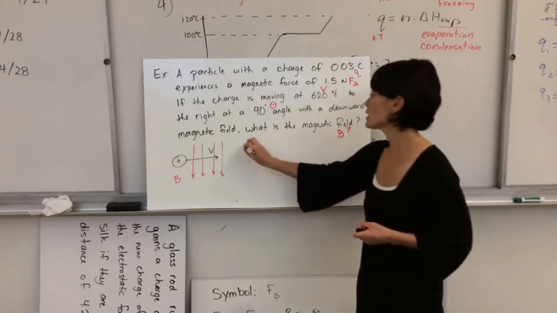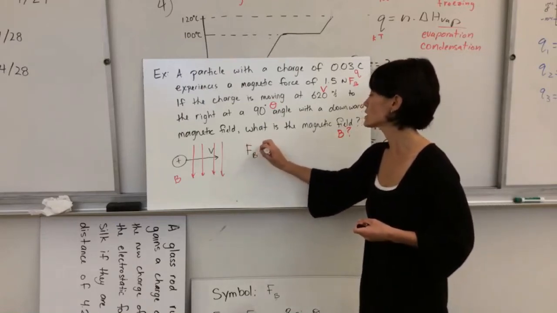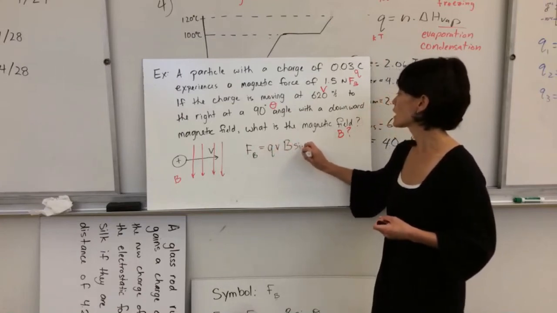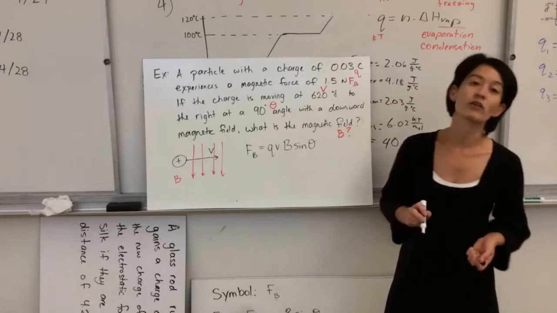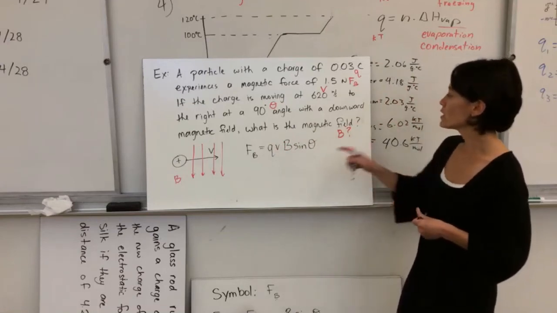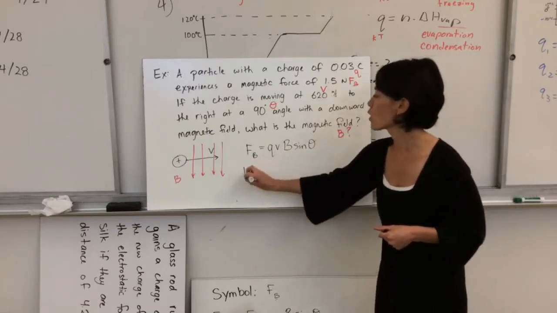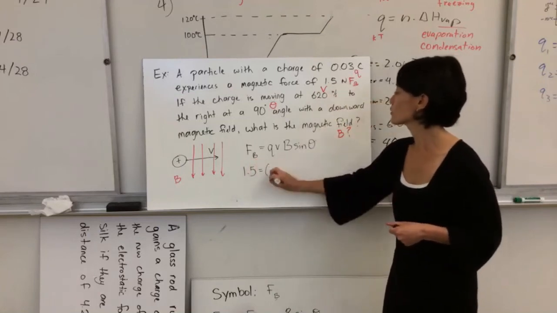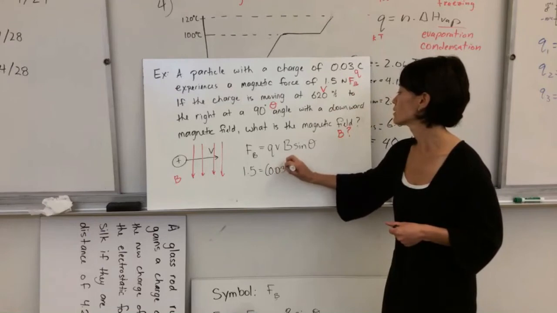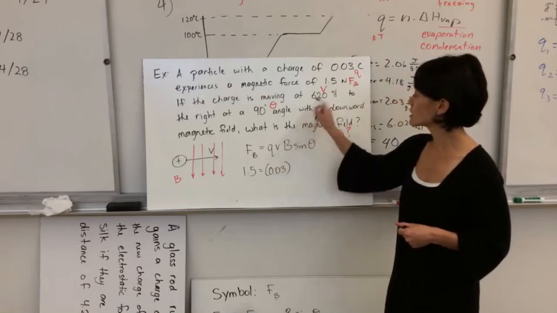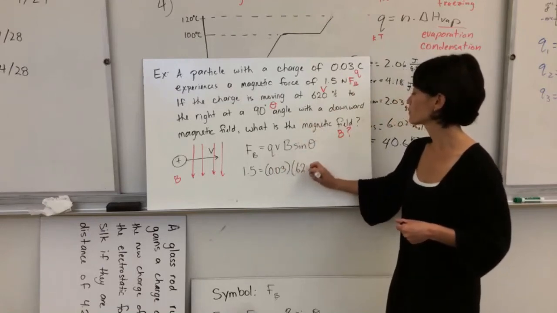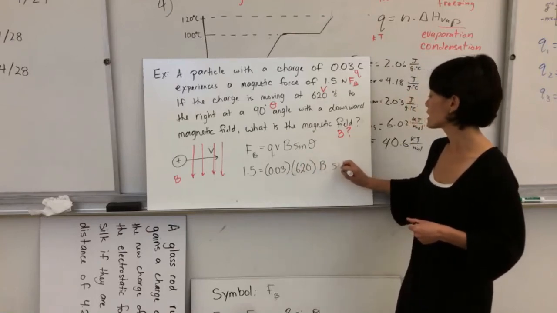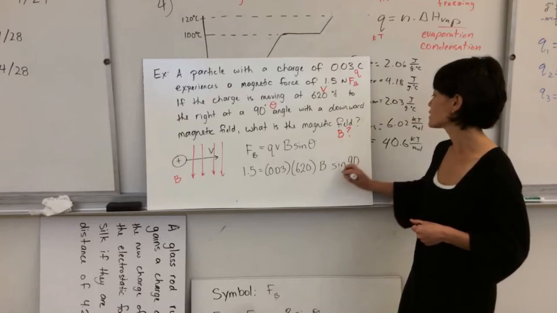My equation for magnetic force is FB equals QVB sine of theta, and here it's a matter of plugging in the quantities that we know. FB is 1.5. Q is 0.03. V, my velocity, is 620, times B, and then times sine of 90. And sine of 90 is just 1.